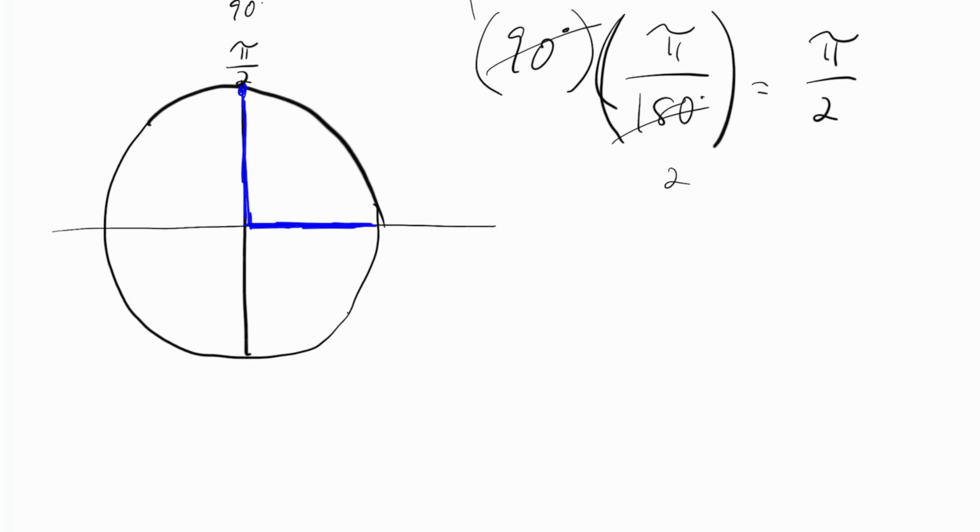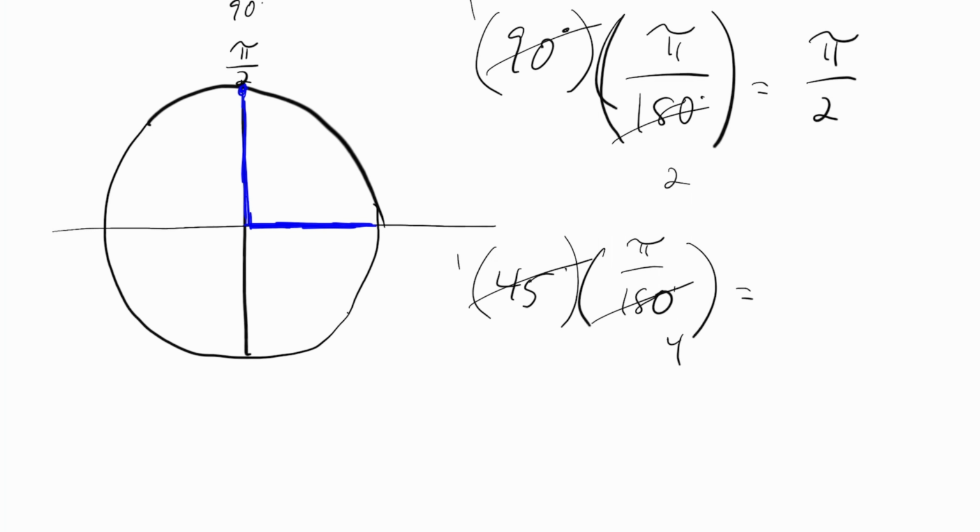Another very popular one, as we keep talking about, is a 45-degree angle. We're going to convert that to radians by multiplying it by pi over 180. They cross cancel. The 45 becomes a 1. The 180 becomes 4.